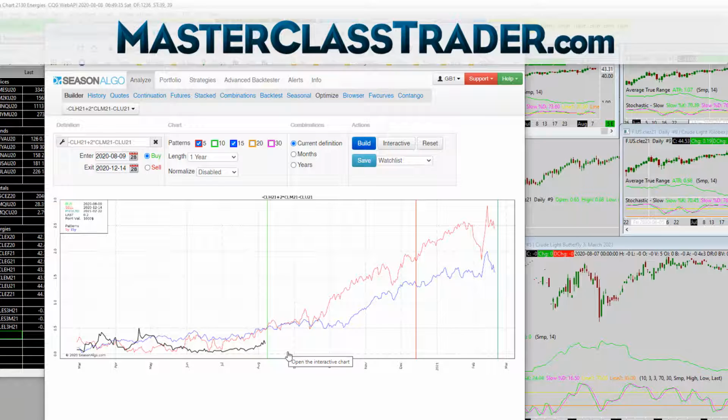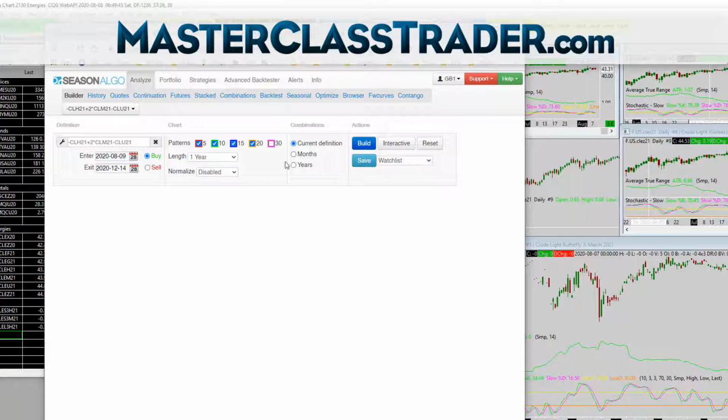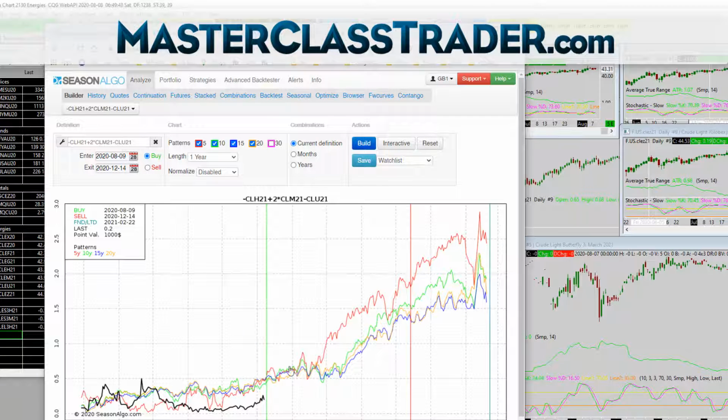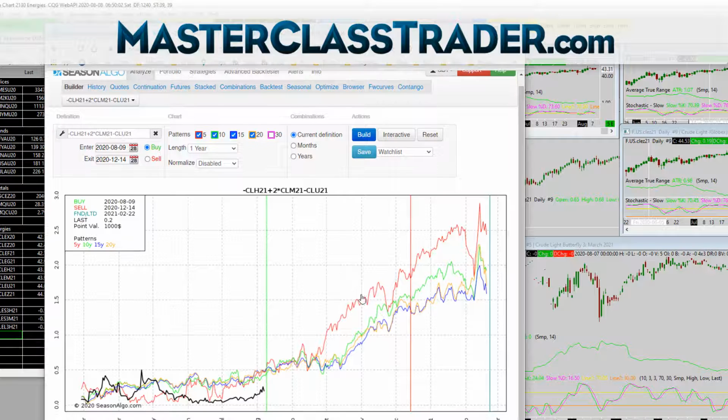Before I looked at the 5 and 15 year, you can look at other maturities here by clicking those numbers there and adding the 10 and 20 year to it, 30 as well. It's not very relevant, but look, how about that? We've now got a chart showing us the 5, 10, 15, and 20-year seasonal averages, and they're all almost identical except for the 5-year, which you can see is a little bit more volatile, which makes sense, doesn't it?